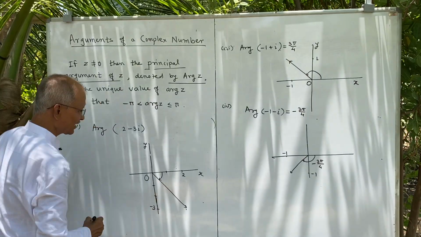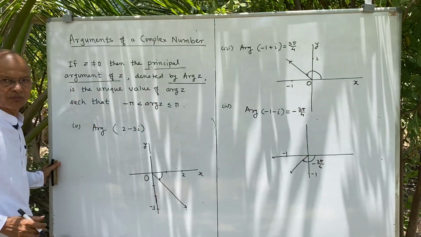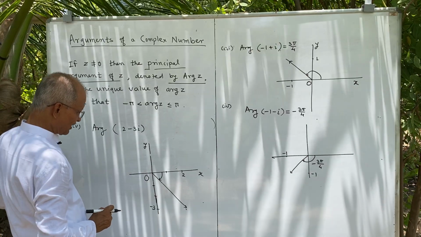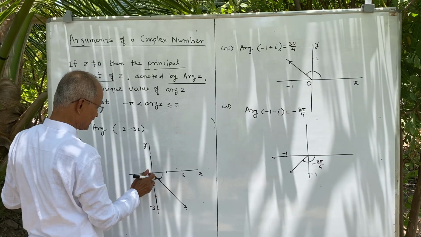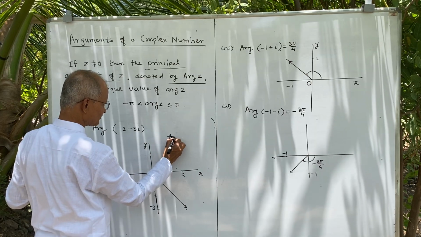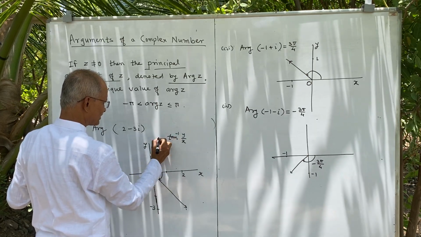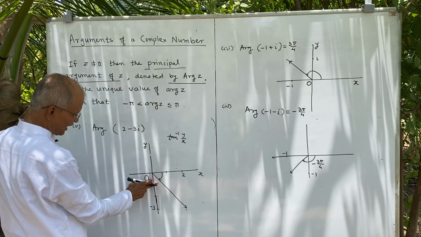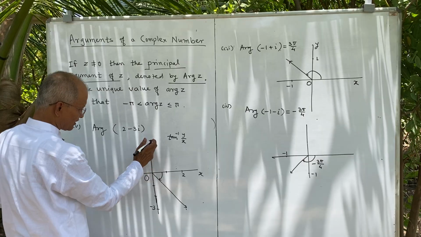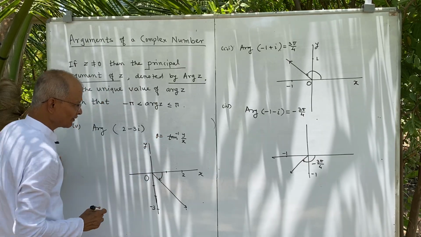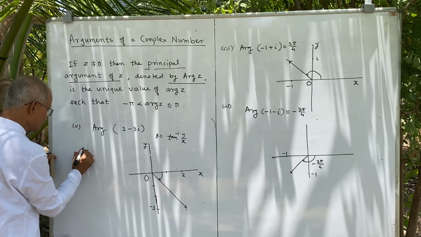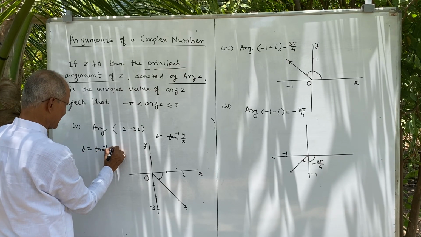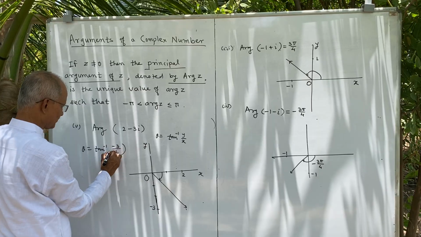But what is the actual angle? It can be calculated by the formula tan inverse of y upon x. So theta is equal to tan inverse of y upon x, where y is -3 and x is 2.